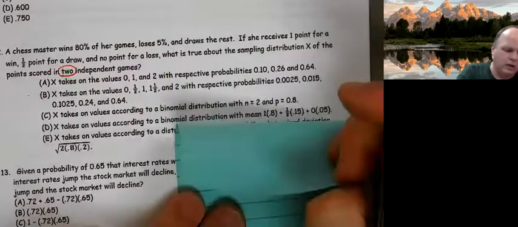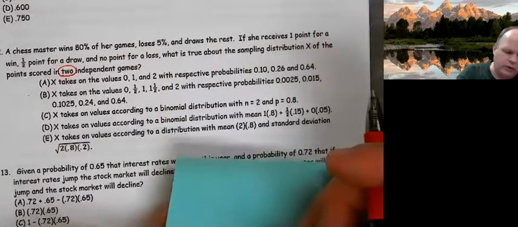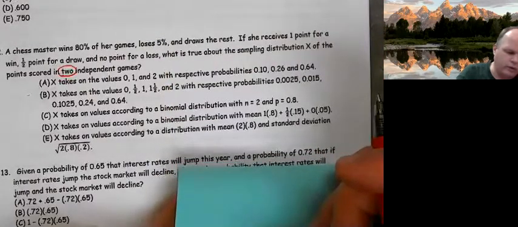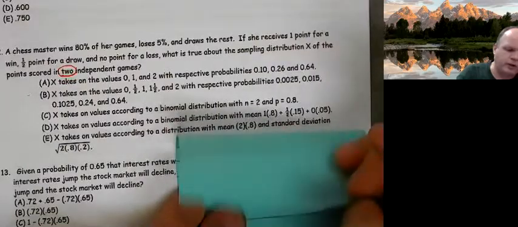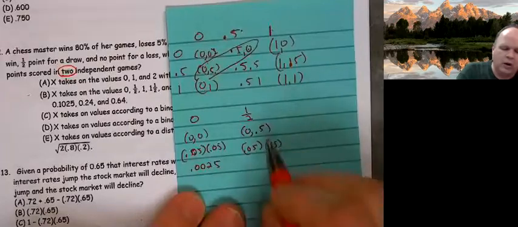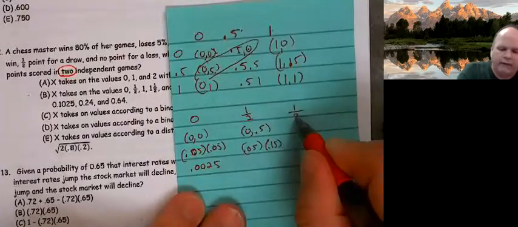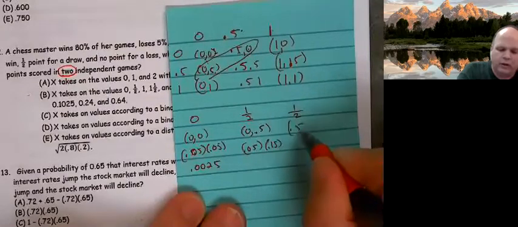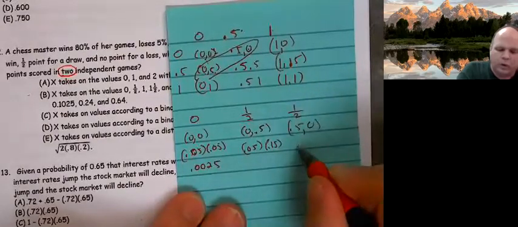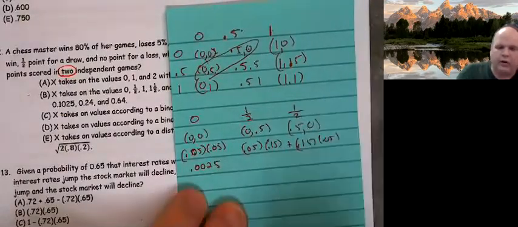And let's see, what was the draw? She gets a half point for a draw, and 15% of the time, they make a draw. All right? So I can do that this way, and I can do it this way. So this is going to be 0.15 times the 0.05, and I add those up.